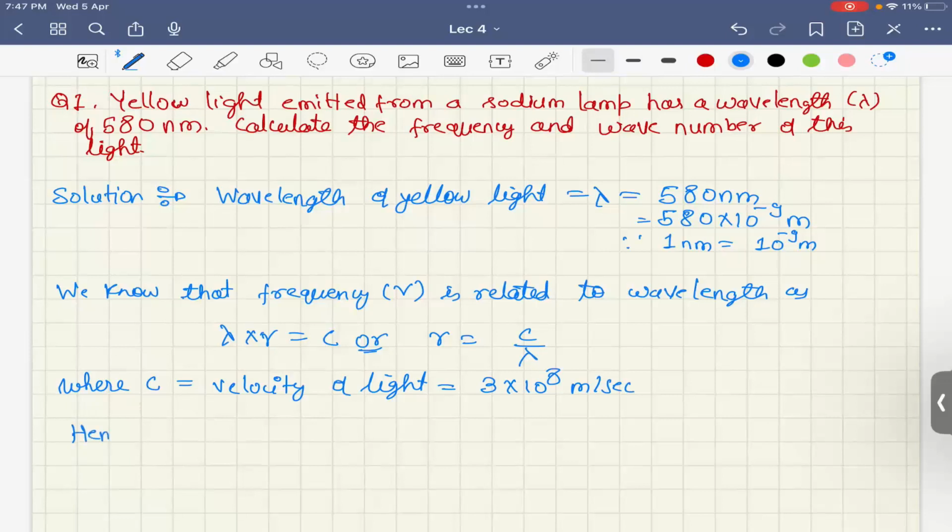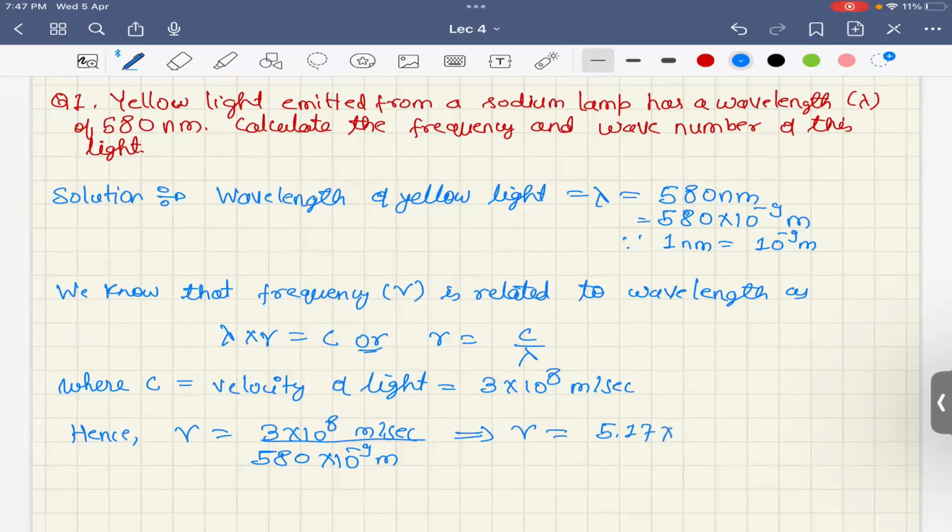Hence, mu is equal to 3 × 10 raised to power 8 meter per second divided by 580 × 10 raised to power minus 9 meter, which implies mu is equal to 5.17 × 10 raised to power 14 second inverse, right?